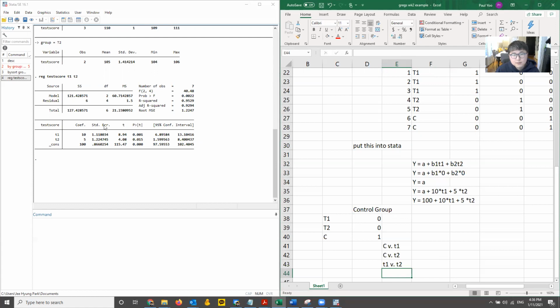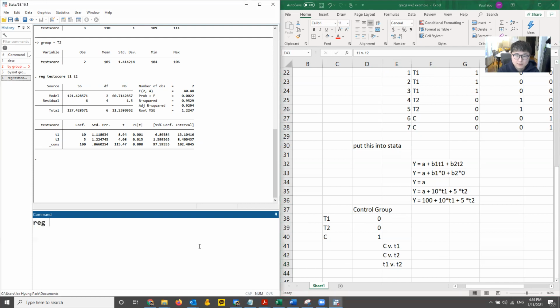So an easy way to compare them is to make one of them the reference group, meaning make one of them the omitted group. That just means take them out of the regression. So you can regress test score on T1 and control. And the group that I've left out is T2.